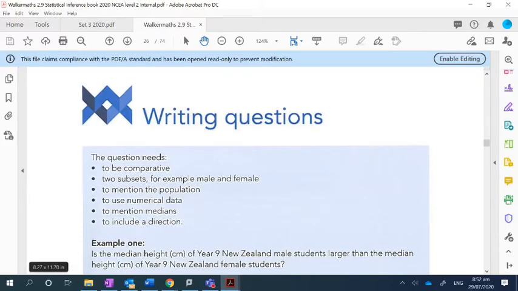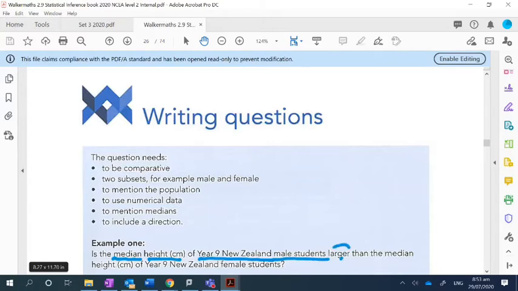Do not make these any more complicated than this example that you're given. Is the median height, why am I so happy already? Because we've used the word median, right? Height, why am I happy there? And that's numerical data. Of Year 9 New Zealand male students, why am I happy there? Population, right? Exactly who? Year 9 New Zealand male students, not just Year 9 students, but Year 9 male students.